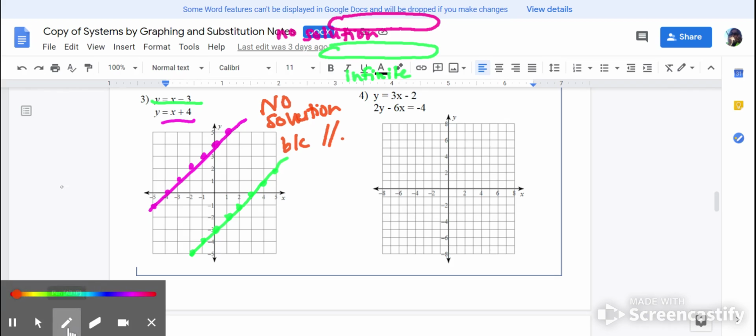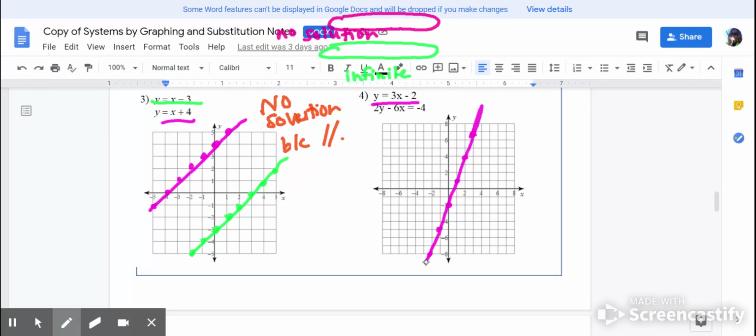Now as I get ready to graph the examples in number 4, y equals 3x minus 2, start at negative 2. I'm going to go up 3 over 1, up 3 over 1, up 3 over 1. I could also go down 3 over 1.